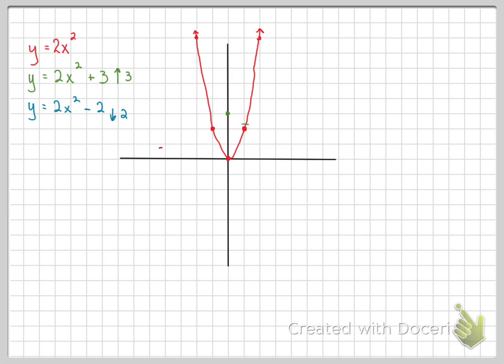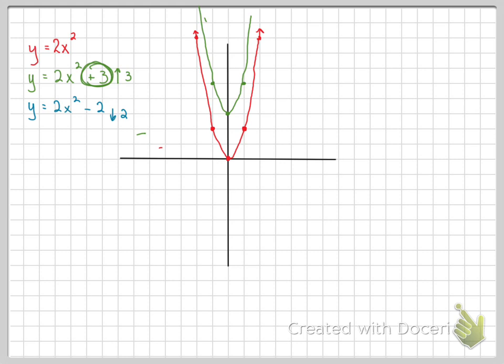Each one of our points right here, move them up 3 and replot. And then, of course, those points up at the top, I just run out of room to graph those. That is the graph, 2x squared moved up 3 units.